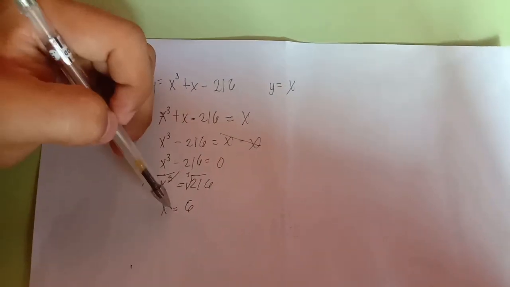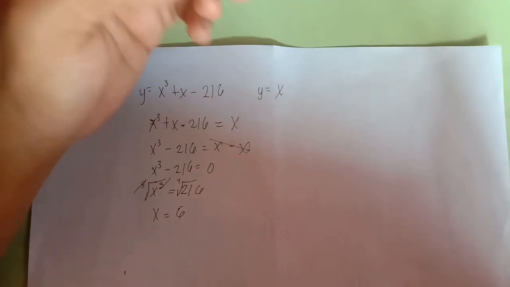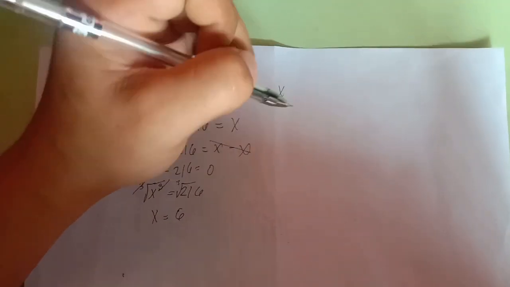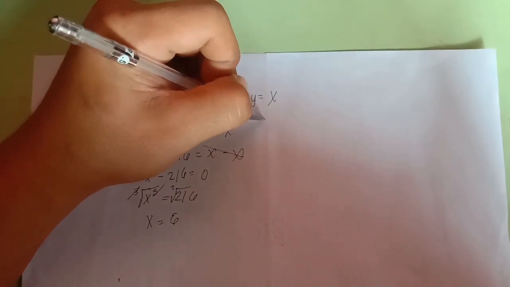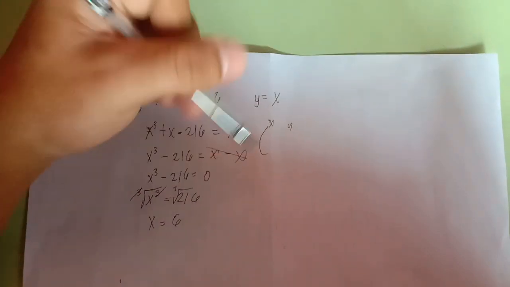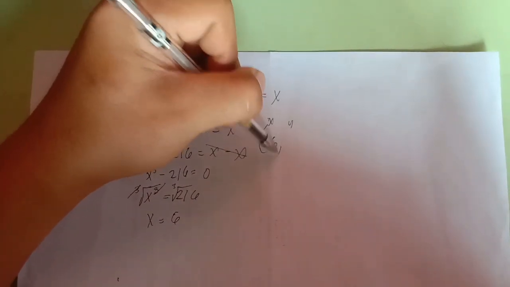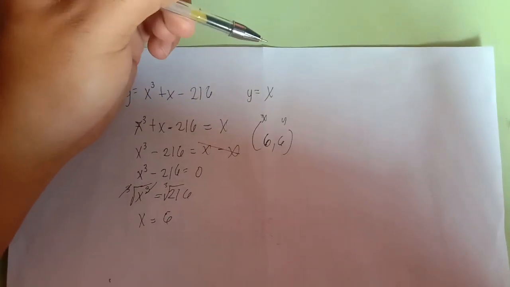So since x is 6, y is also 6. So the point of intersection here is, let's say, x and y. X is 6 and y is also 6.